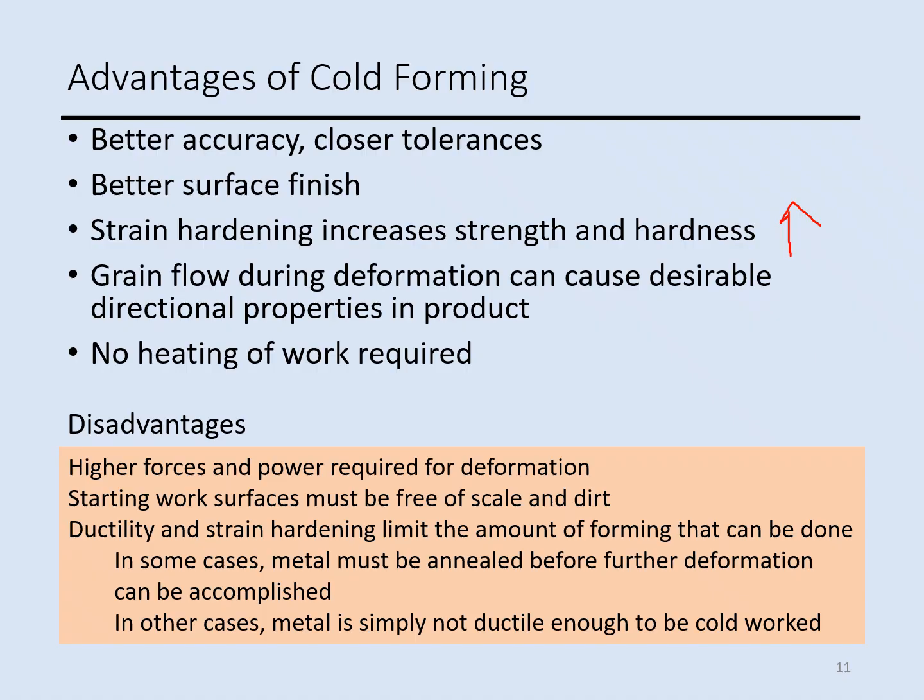In cold forming, the structure of the grain will be changed. For example, you remember we have grains in metal alloys, or pure metal, or any alloys, and these grains have one original shape.